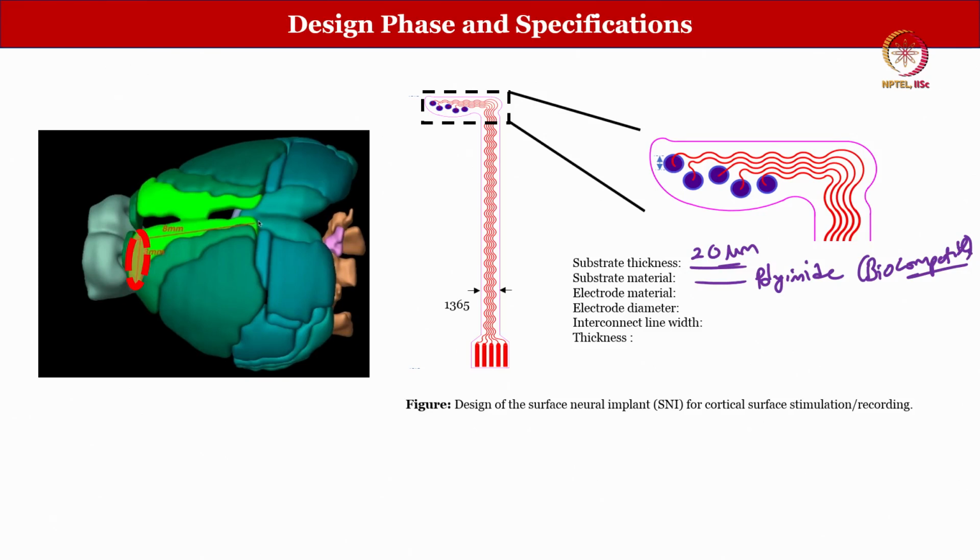Are you getting it? So, let us say your electrode material is going to be gold for the discussion, and the electrode diameter, let us say, 100 micron. This is 100 micron diameter, and assume that lithography supports it, okay. Then the interconnect line width you can say 30 micron or something, and the thickness is around 200 nanometer.